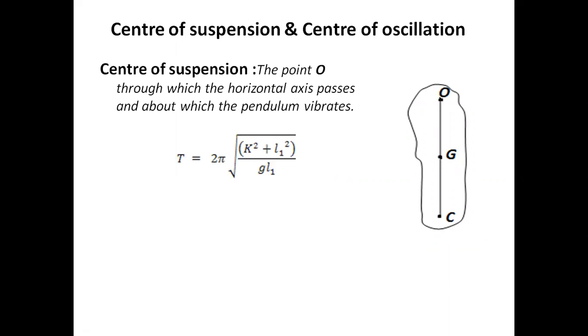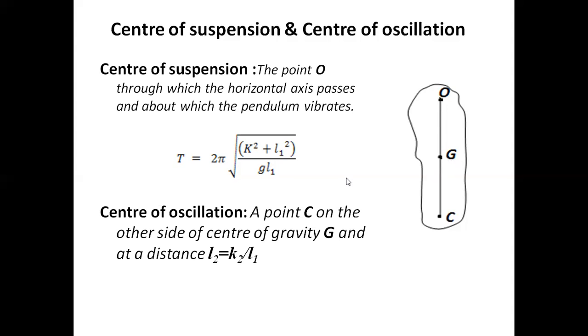If the pendulum is suspended about this point O, and L1 is the distance of the point O from the center of gravity G, then the time period of a compound pendulum when suspended about the center of suspension is given by T equals 2 pi root of (k square plus L1 square) by g into L1.